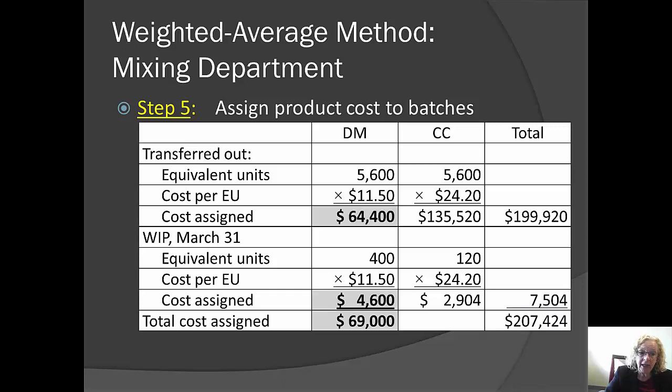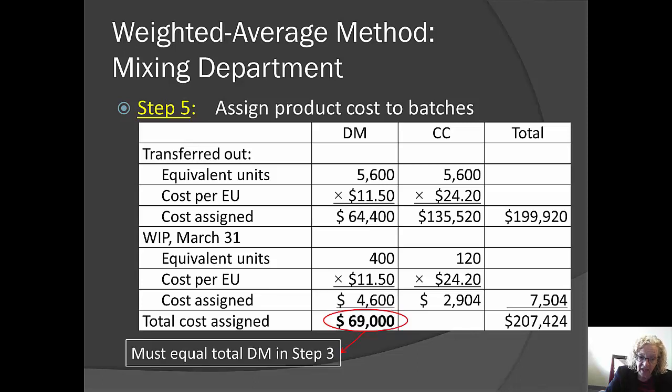In addition, we can add up all of the material costs that were assigned to the units that got done, plus the units that didn't get done, and that must equal the total material costs in step 3.